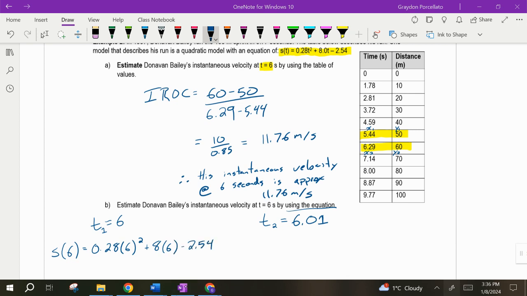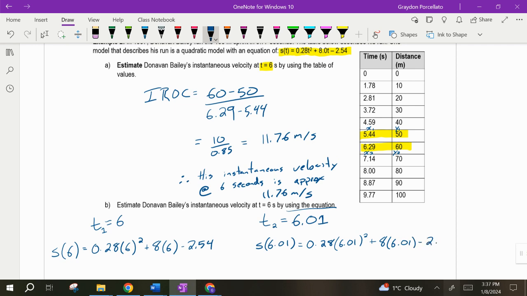I'm going to do the same thing. S of 6.01 equals 0.28 bracket 6.01. So again, noticing that I'm subbing these two t values into my equation to determine the corresponding y values.